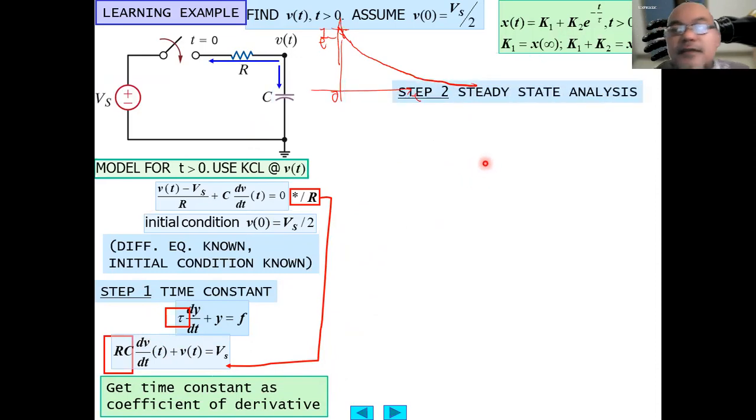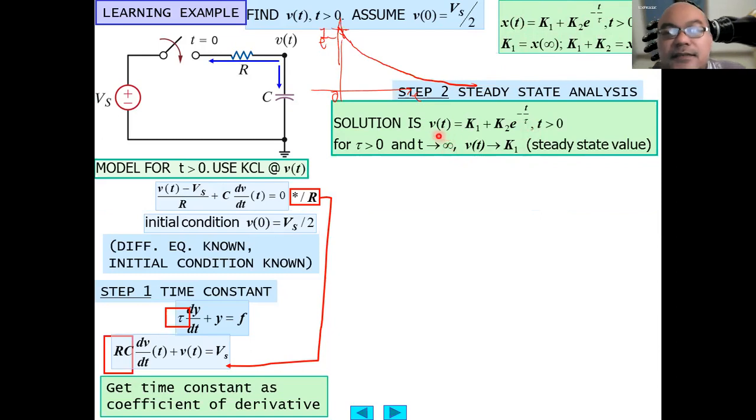So step 2 is to do the steady state analysis, when t approaches infinity. That is the steady state value. Steady state response is obtained when t approaches infinity. When t approaches infinity, these terms become 0, right? So x(t) will equal k1.